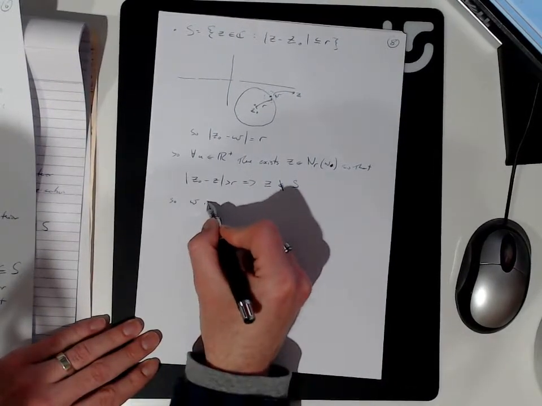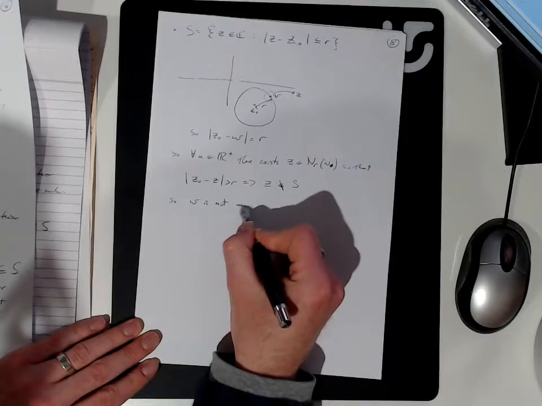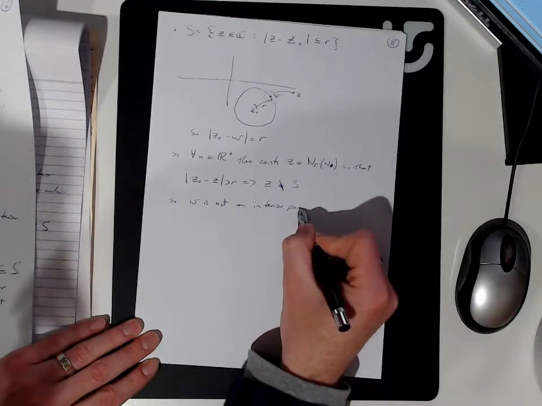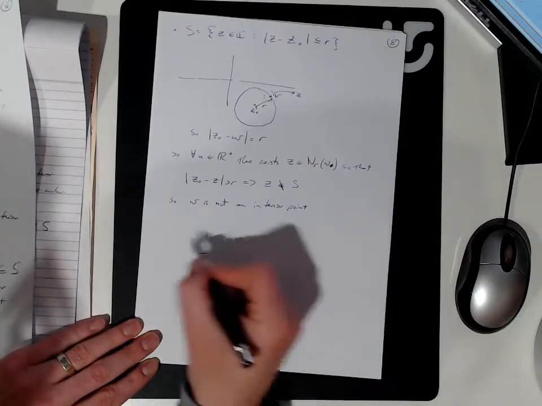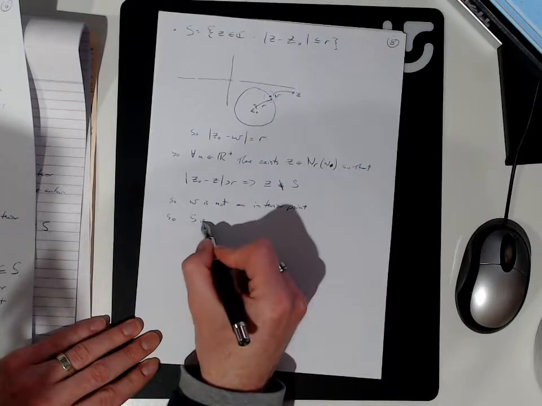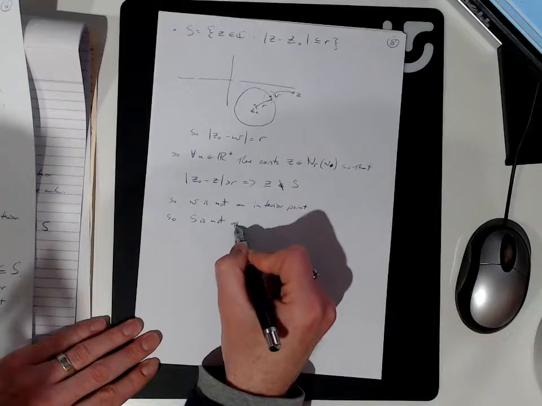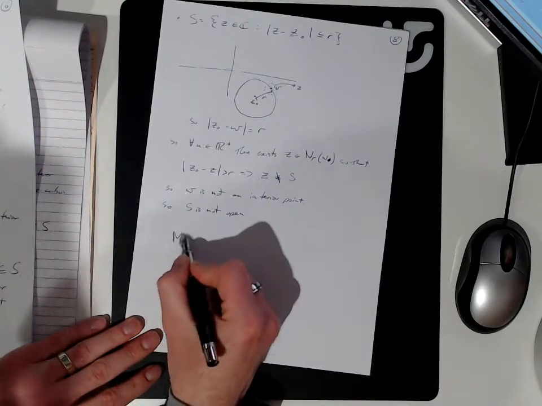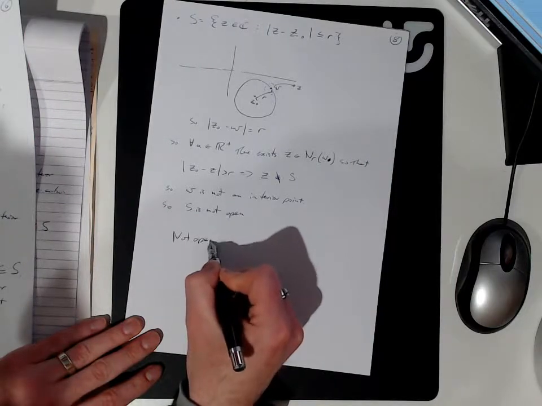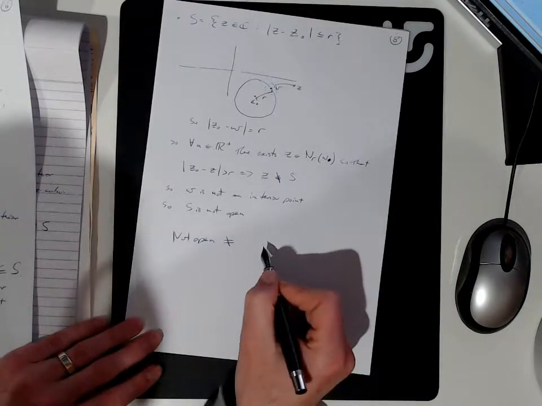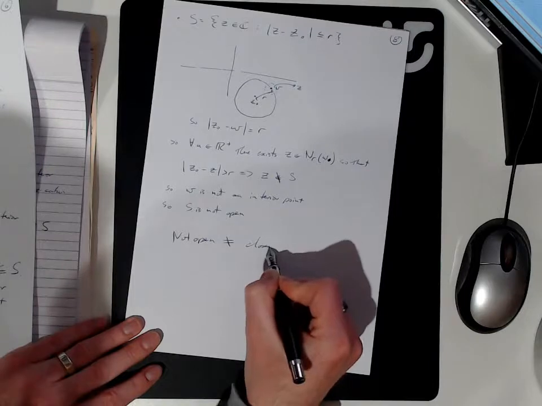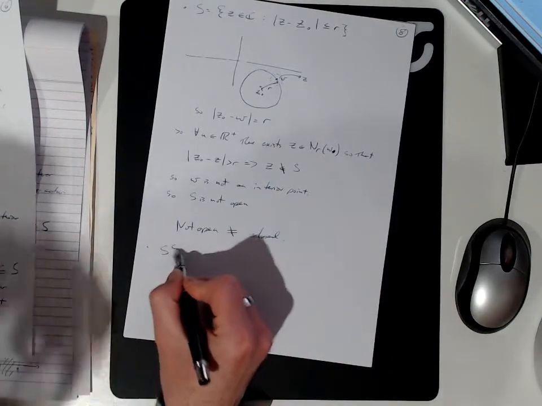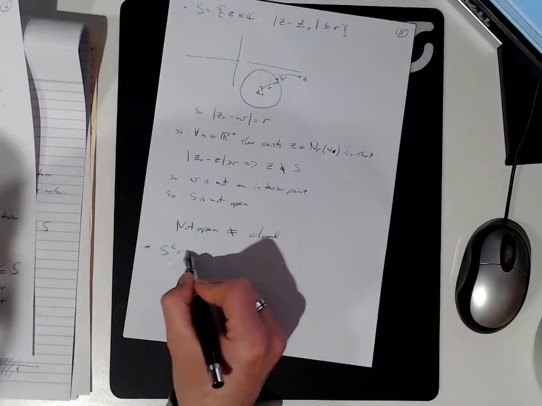So w is not an interior point. So S is not open. Not open is not the same thing as closed. I'll show you an example later on. Okay, so what is S complement in this example?